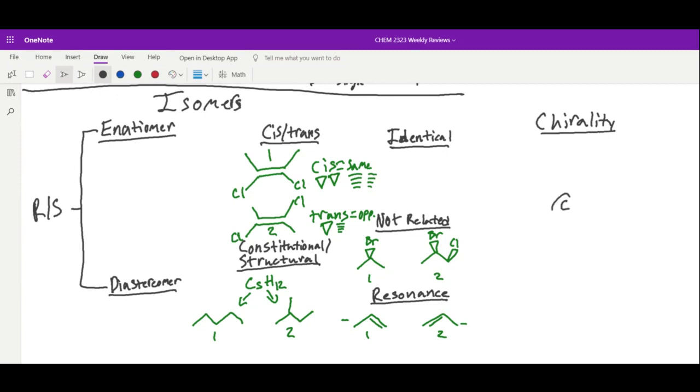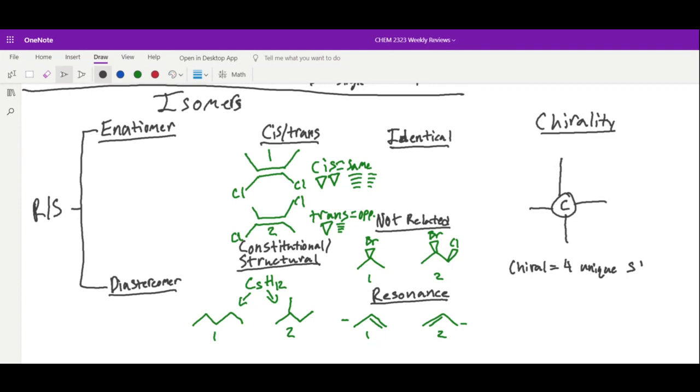Let's say you have a carbon. In order for something to be chiral, chiral equals 4 unique substituents.